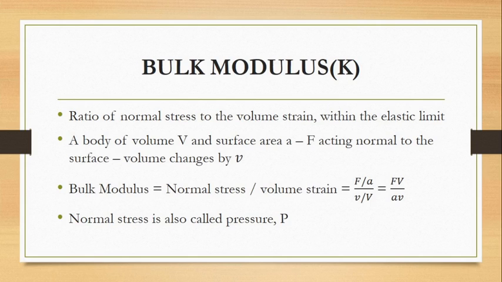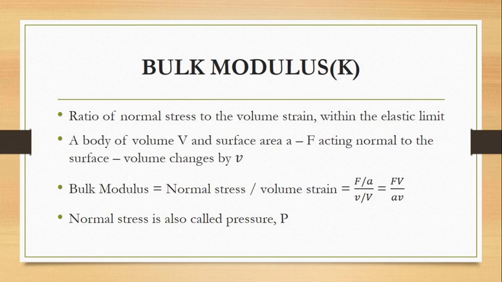Here we consider a body of volume capital V and surface area small a, and a force F is acting normal to the surface so that its volume changes by small v. So what will be normal stress? Normal stress is force by area. What will be volume strain?